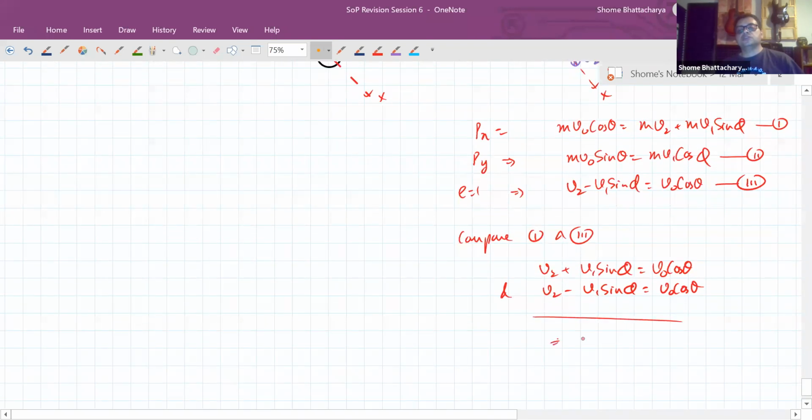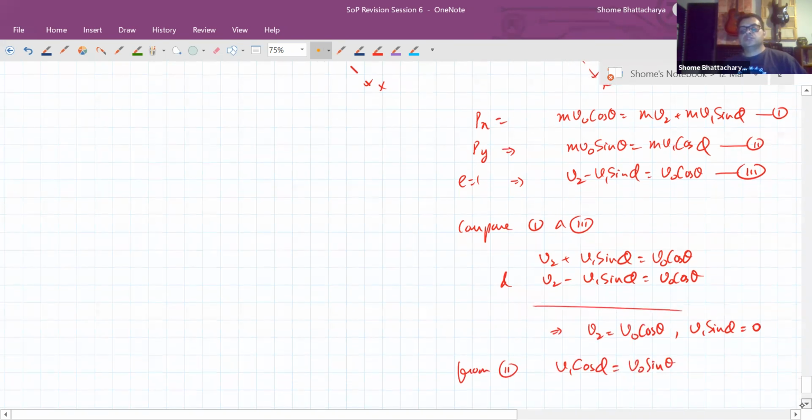So from this we can see that v2 is simply equal to v0 cos theta and v1 sin phi becomes 0. That means along the x-axis, their momenta are just exchanged because there's a head-on collision. And of course, from equation 2, we have v1 cos phi is equal to v0 sin theta.